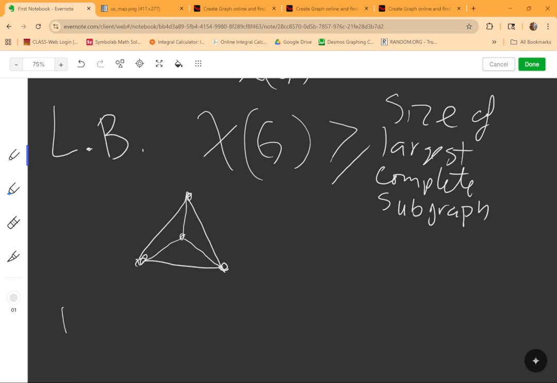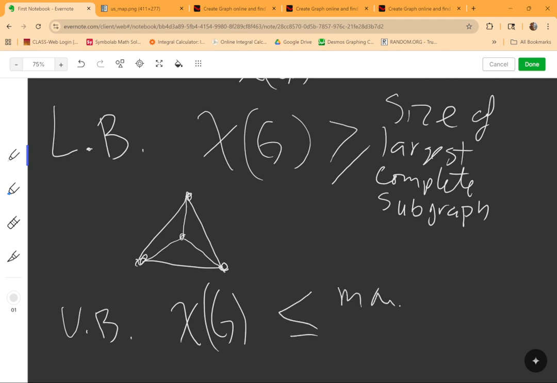Now the upper bound for the chromatic number of G is less than or equal to the max degree plus 1. So whatever the maximum degree is, you add 1 to that.